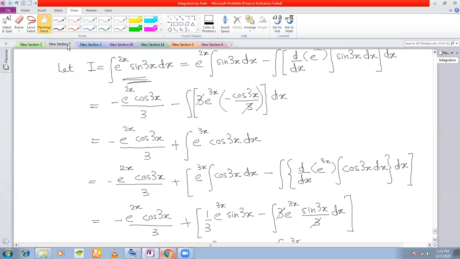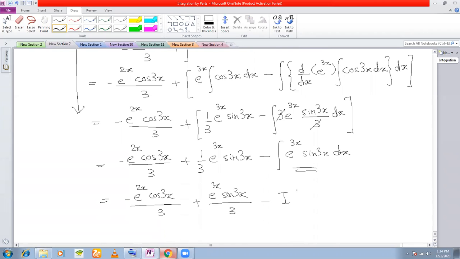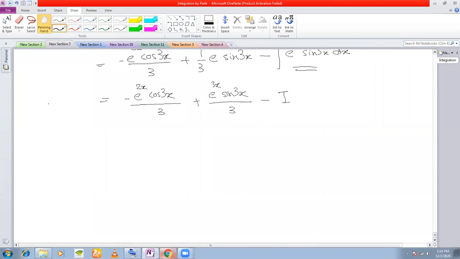See, we started with I. And after all these steps, we are getting I back here. That means what is happening here? Therefore, I is equal to minus e to the power of 2x cos 3x divided by 3 plus e to the power of 3x sine 3x divided by 3 minus I. Are we getting this or not?